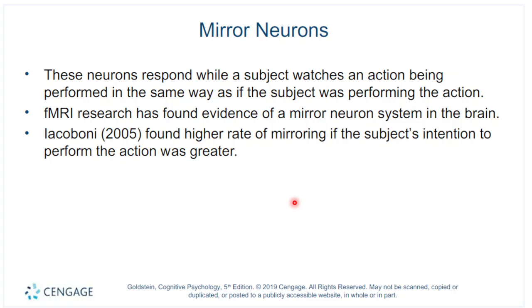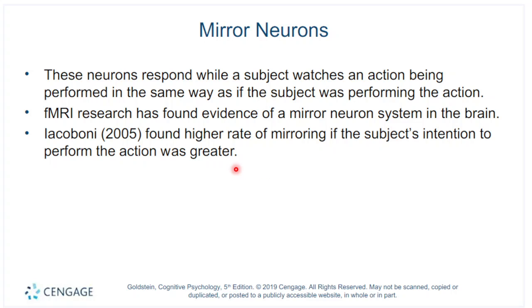So, na-activate doon yung mirror neurons natin. So, these are the neurons na nagre-respond when we are watching an action being done. So, again, like for example, dancing. And then, if we're going to attempt the same action or the same dance, ito rin yung mag-respond.